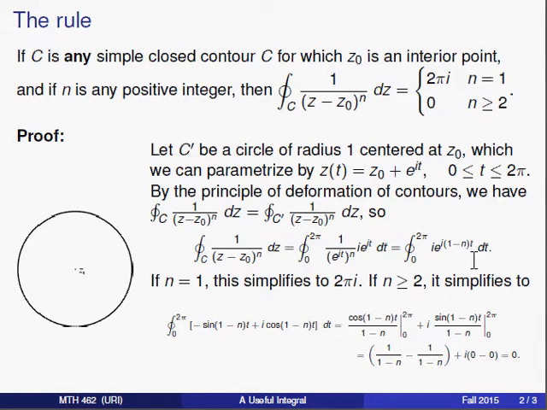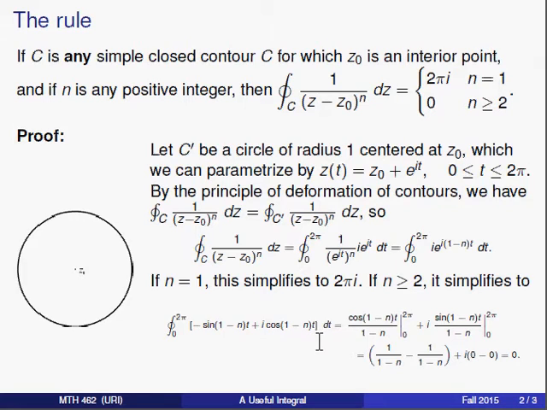Now if on the other hand n is something greater than or equal to 2, we're going to need to write this complex exponential in polar form in order to be able to evaluate it. So I will write this as cosine of (1 minus n) times t plus i times the sine of (1 minus n) times t. And then when I multiply through by i I get this integral down here.